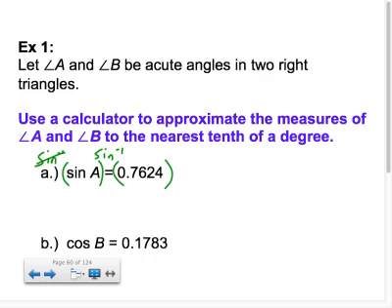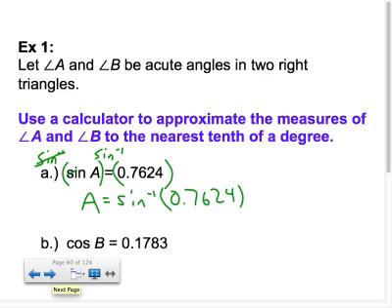Inverse sine and sine take care of each other, so A equals the inverse sine of 0.7624, and now you just plug that into a calculator. If you have a graphing calculator it's a little easier, although some scientifics are just as easy. On a graphing calculator you would hit second sine 0.7624, hit enter, and you get 49.7 degrees.